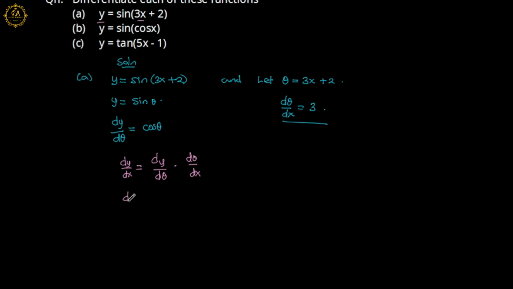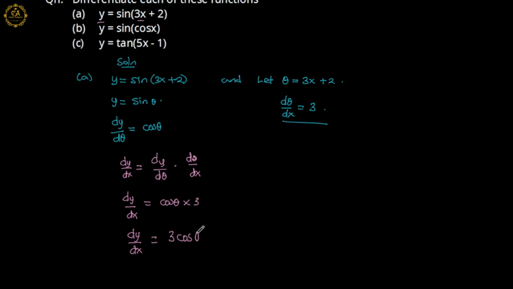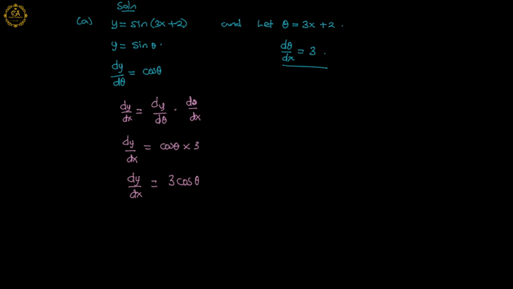So we can go ahead and replace dy by d theta by cos theta, and multiply this by d theta by dx, and that is 3, and it results to 3 cos theta.